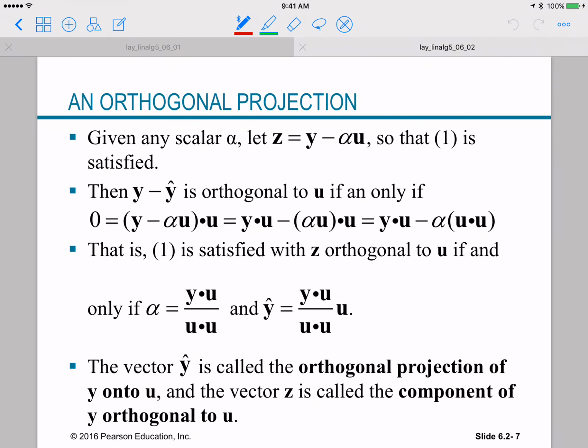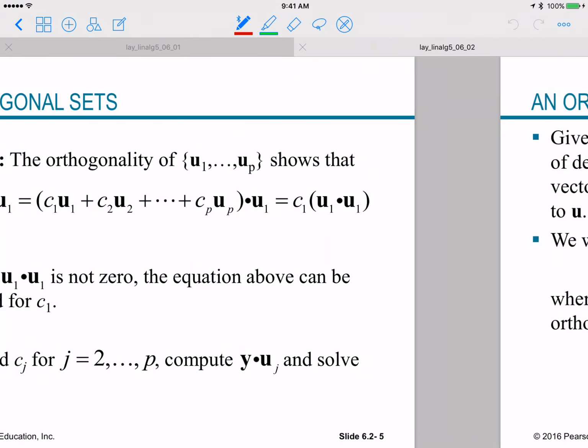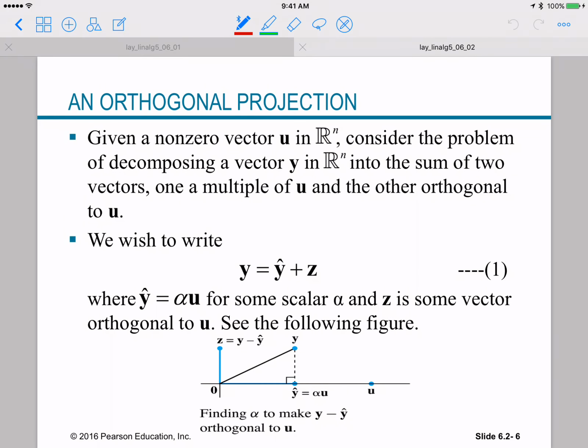Now we move on to a quite important but intuitively quite simple concept: orthogonal projection.